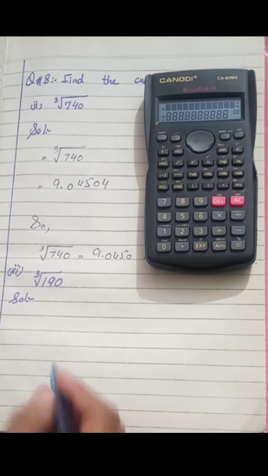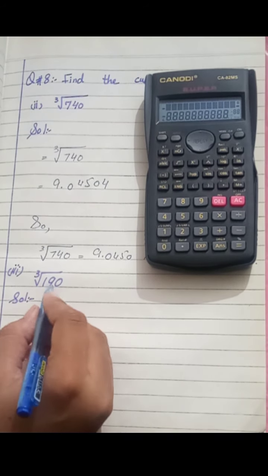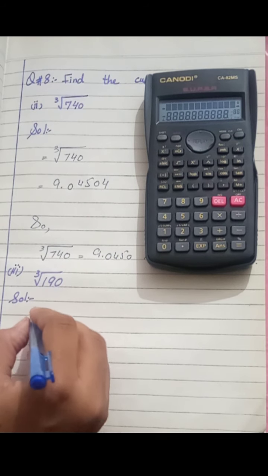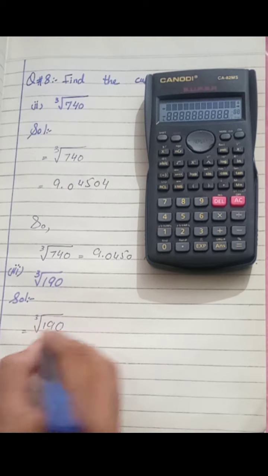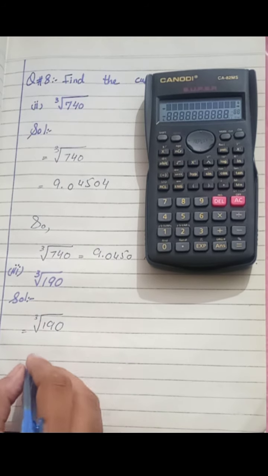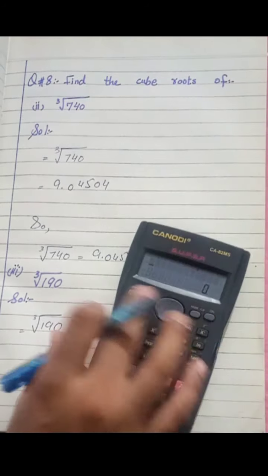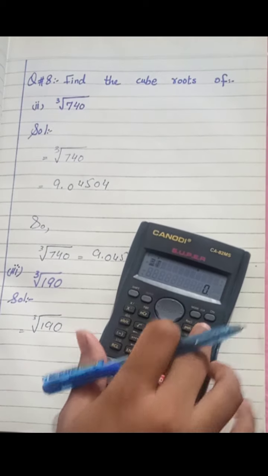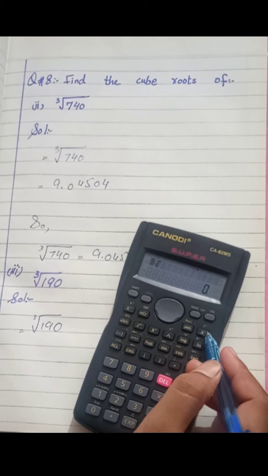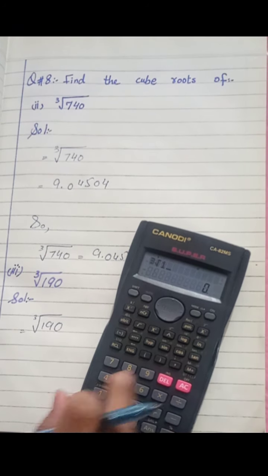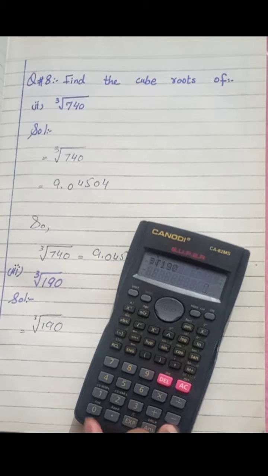The next value we have is cube root 190. For taking the cube root we write cube root 190, and then by using a calculator we press shift and x cube, which means that we are taking the cube root. So we have the value 190.